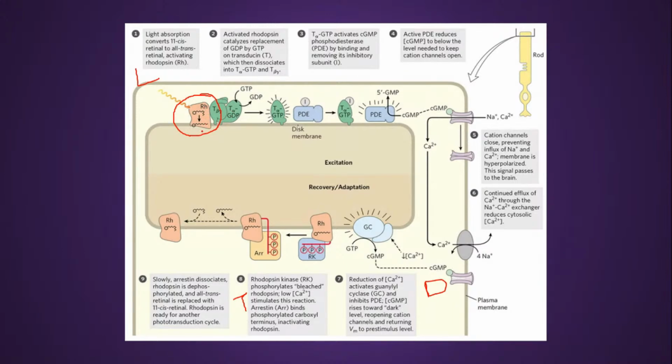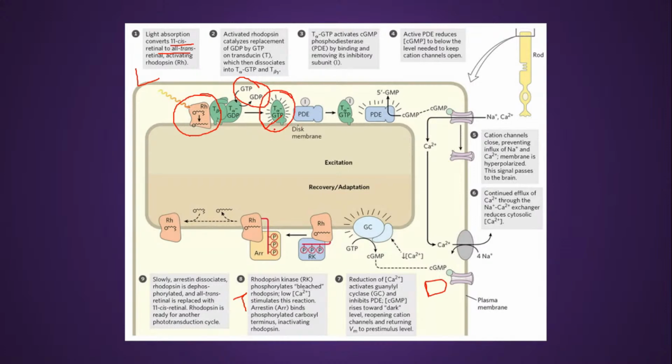Within the rhodopsin protein, 11-cis retinal gets converted to all-trans retinal. After that, once rhodopsin is active, this leads to the exchange of GDP for GTP on the transducin protein. So now your transducin is activated.